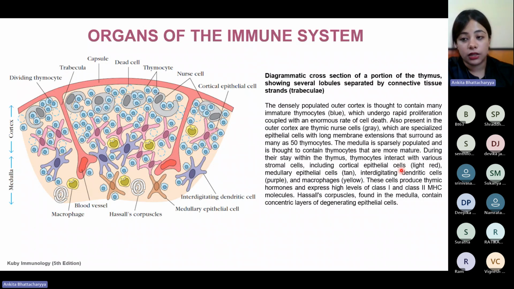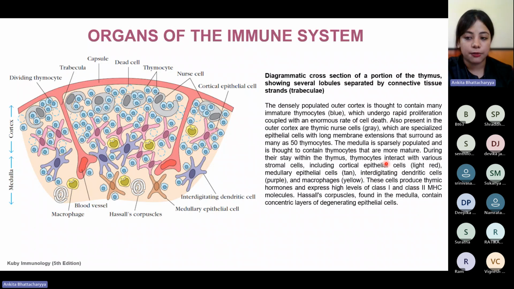So during their stay within the thymus, the thymocytes interact with various stromal cells, including cortical epithelial cells, which are shown here in light red, medullary epithelial cells. So these are different types of cells. I'm not going into each of them individually: interdigitating dendritic cells and macrophages, etc. The question is, why is that important?